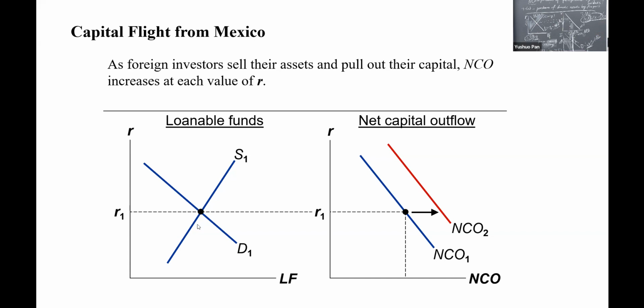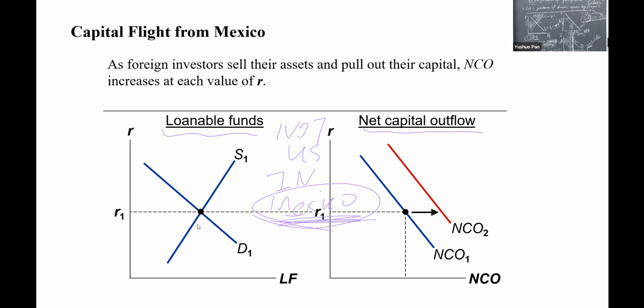This market is not in the United States anymore, not US. It's in Mexico. In this loanable funds market and net capital outflow, this is from the perspective of Mexico.